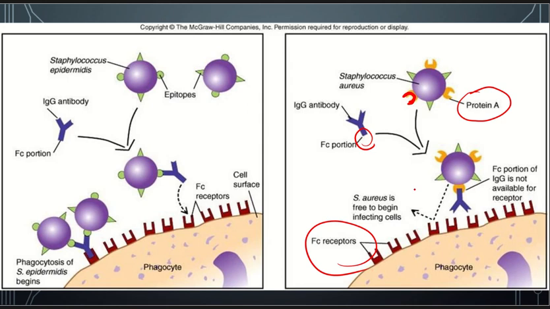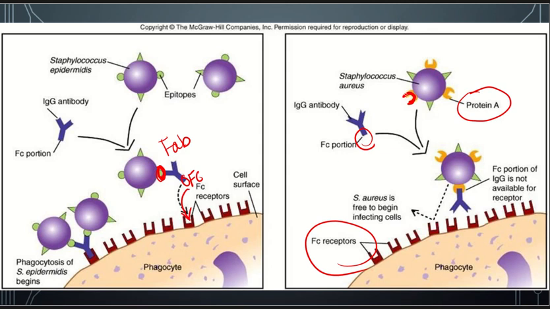And what it's going to do is bind the wrong end of it. Because what it's supposed to do, which you can see on the left here with Staph epi, it's supposed to bind this recognizable antigen on that Fab portion. And it's the Fc portion here that's supposed to bind here.